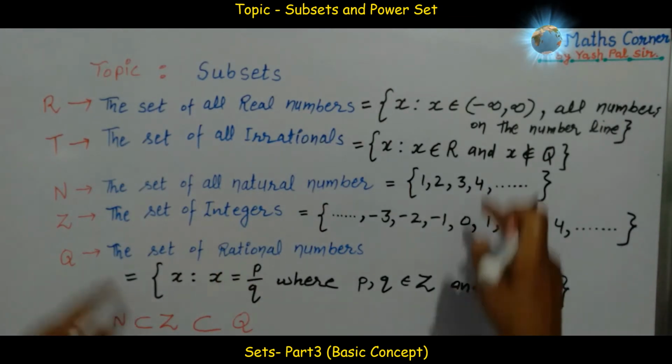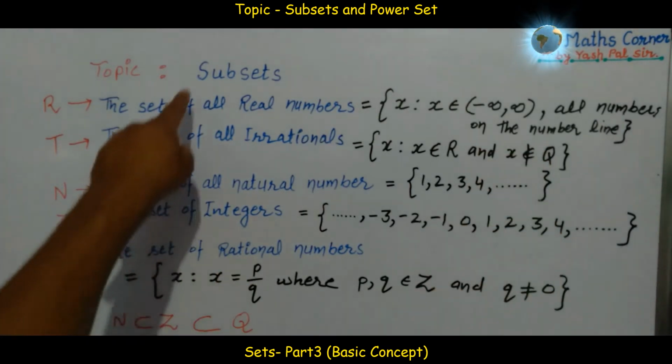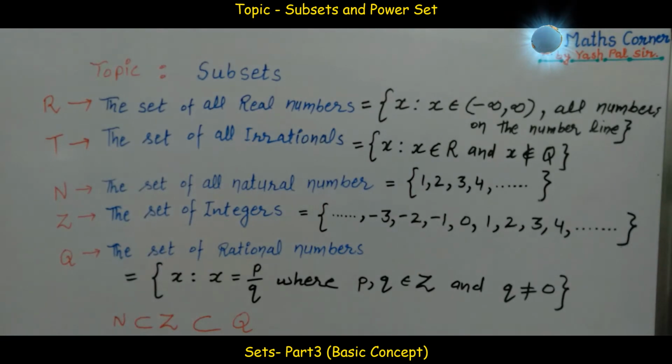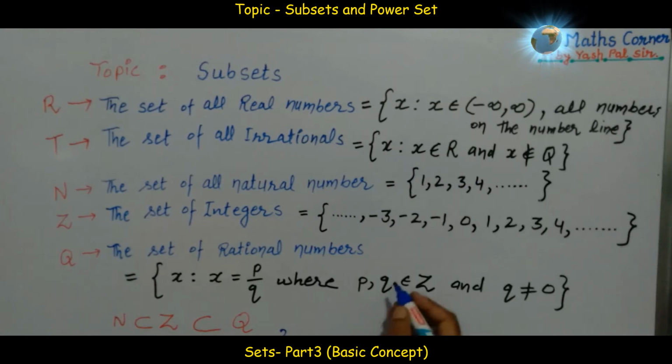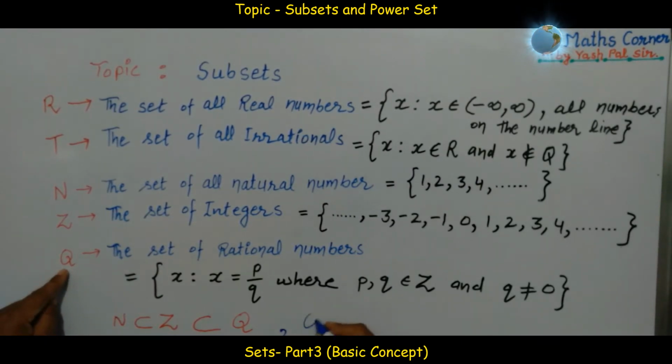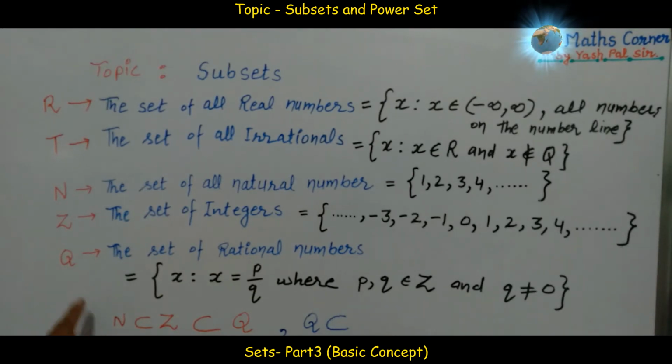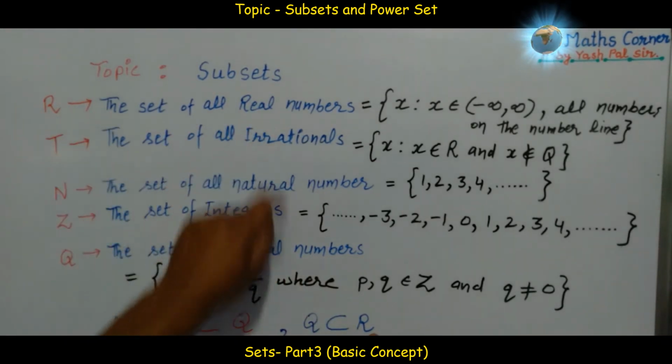From these examples we are discussing subsets. Here the conclusion is that Q, the set of all rational numbers, is a subset of real numbers, because all the elements of Q are also elements of R, the set of all real numbers.